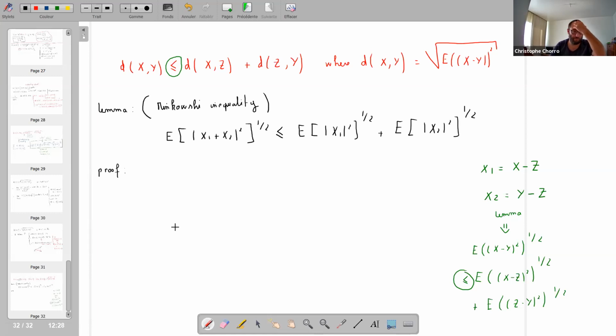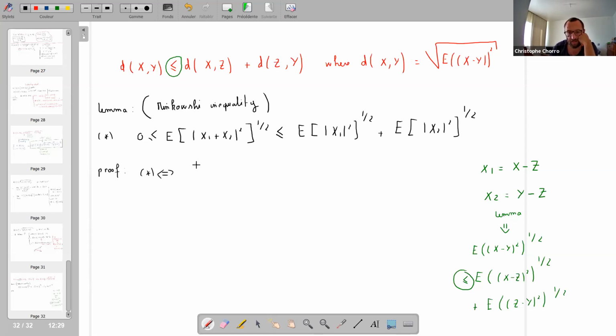What happens for this proof? I want to prove this. Since I have positive numbers here, to prove star is equivalent to prove the same thing with a square, because the square mapping is strictly increasing on R plus, and in particular bijective.